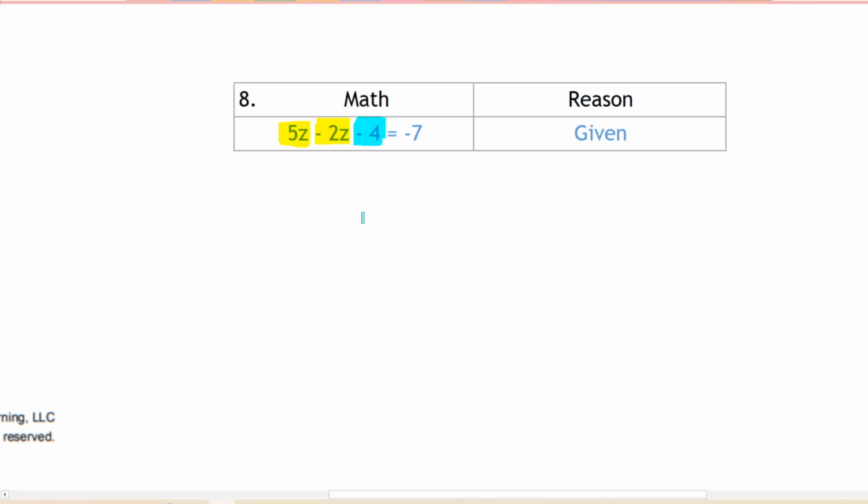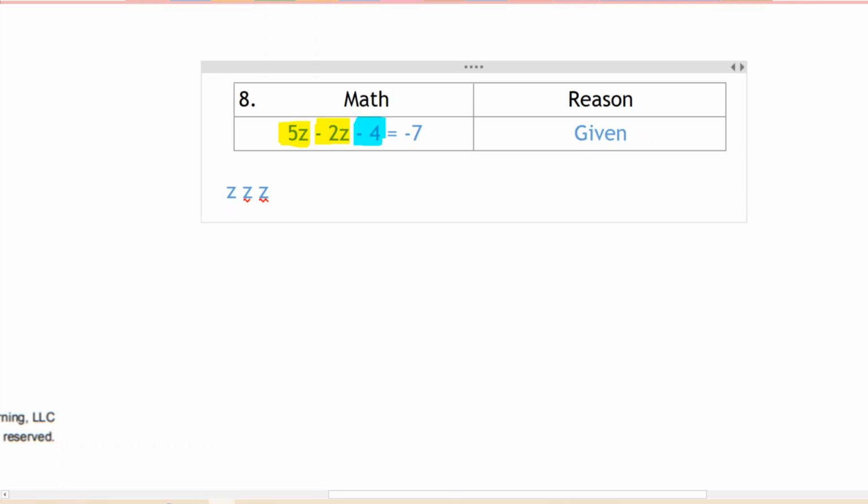So let's combine that. If I had 5z's, okay, there's 5z's, 1, 2, 3, 4, 5, and I take away 2 of them. Boom. How many z's do I have left? And I think it's pretty clear that you're going to have 3 z's left over.